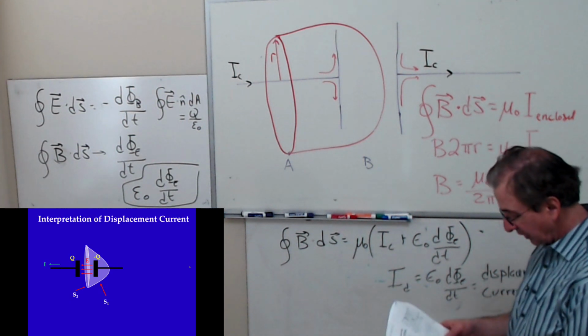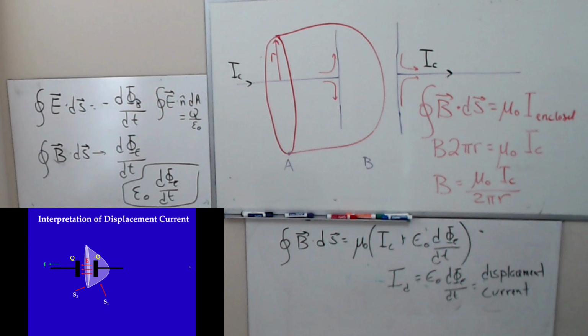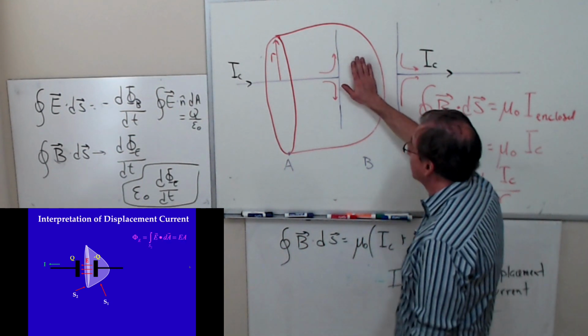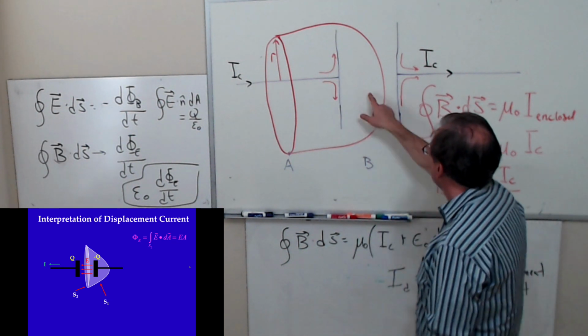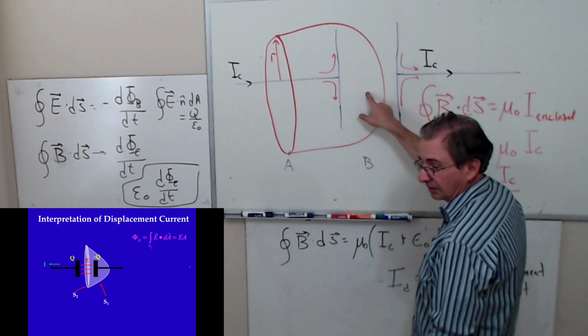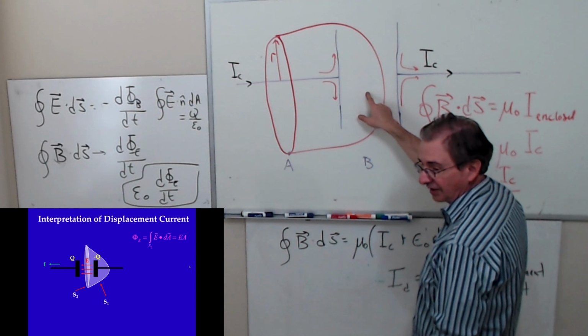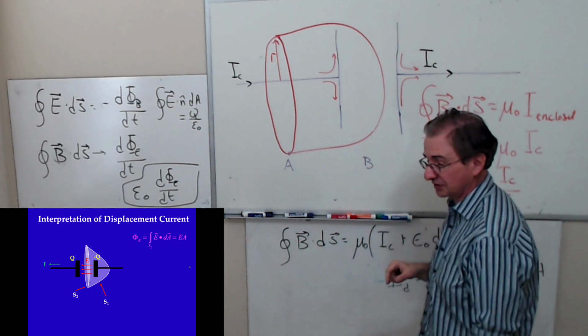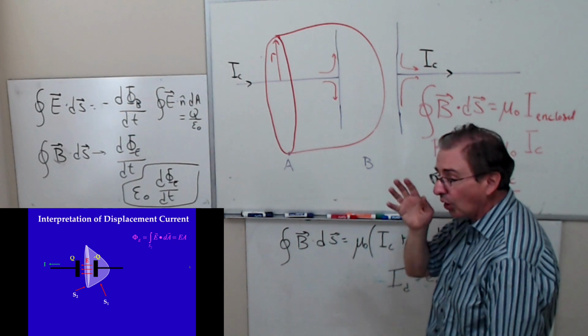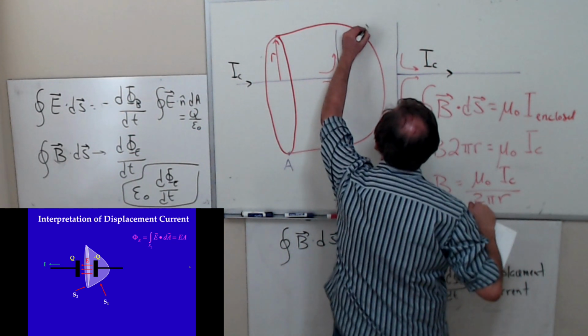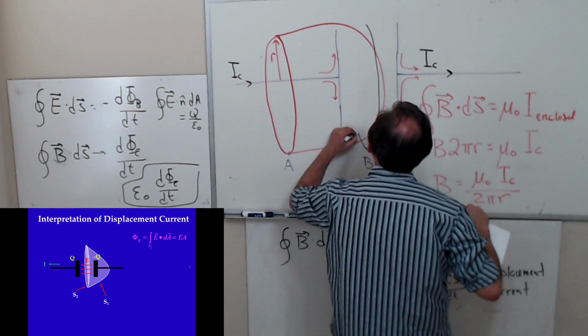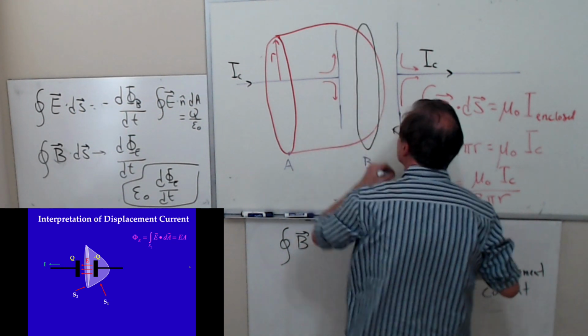So let's take a look at this displacement current. In particular, I want to look at applying Ampere's law over this surface, or, if I want to, I can apply it around this loop. Either way.